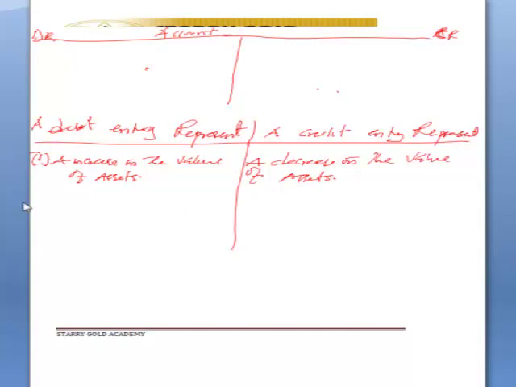Let's look at liability, because these are the elements of account. Two, in the case of liability, a debit entry indicates a decrease. The debit entry is a signal for a decrease in the amount of liability.